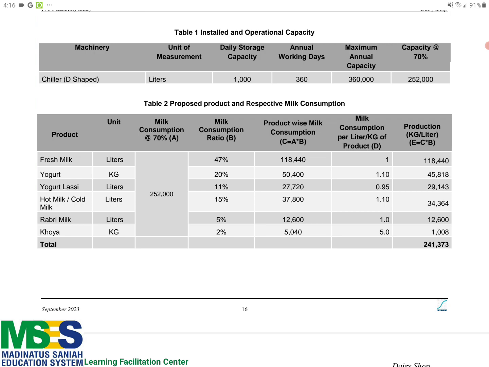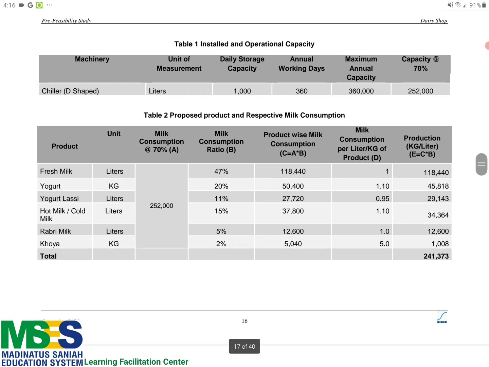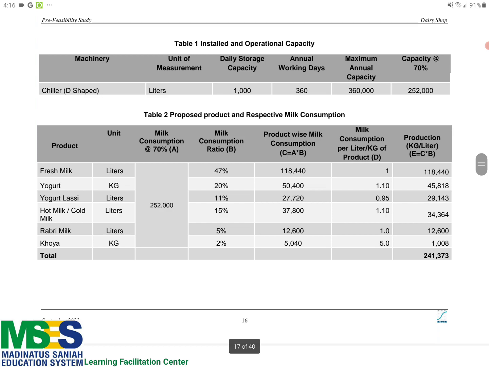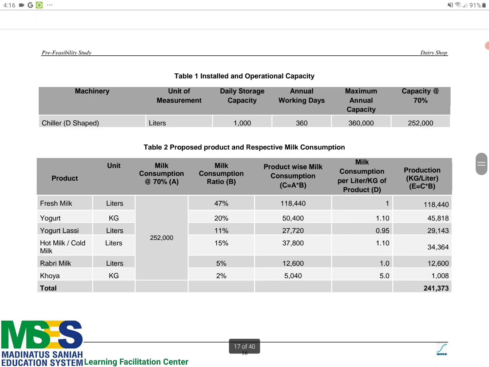And how much maximum annual capacity does it have? Approximately 3 lakh 60,000 liters. If we say that there are some days where we need to repair and maintain the chiller, approximately how much milk would you keep in that?